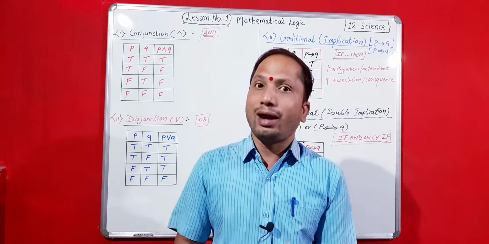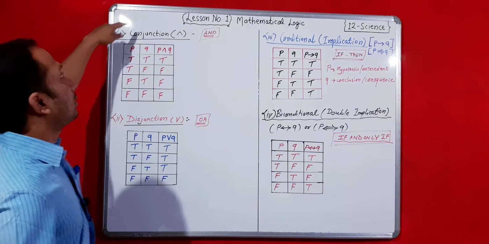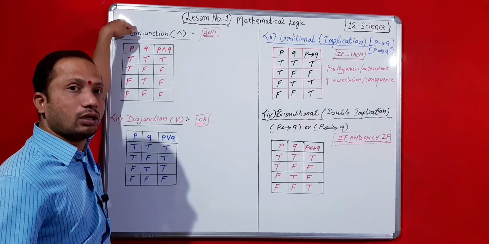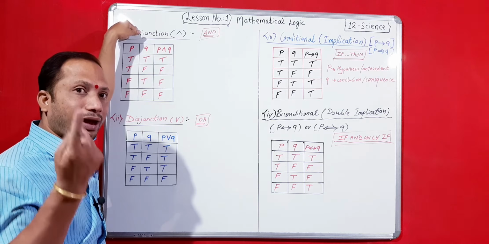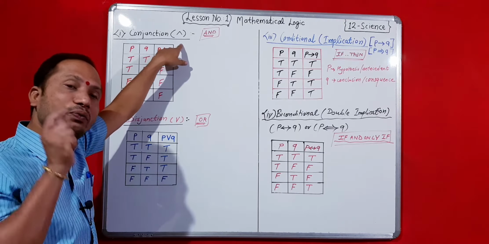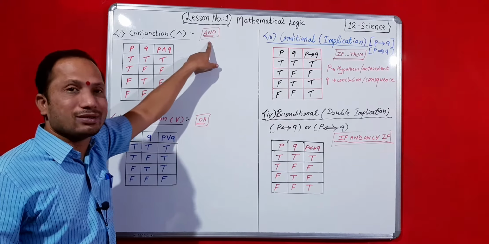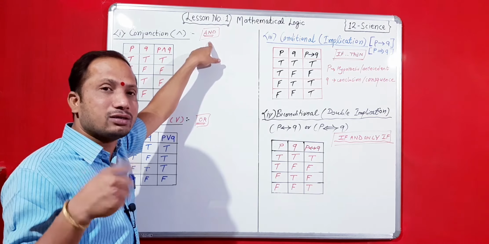So what is the truth table for and, we will see. When I join any two statements by and, it is known as a conjunction. It is represented by an inverted V and it is known as and.